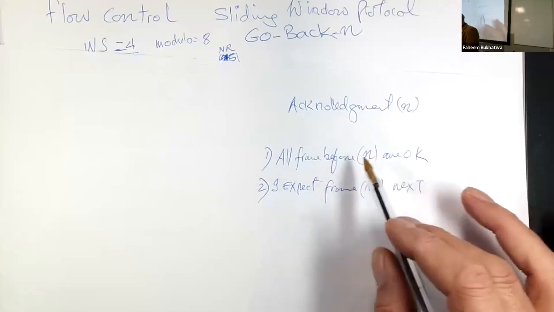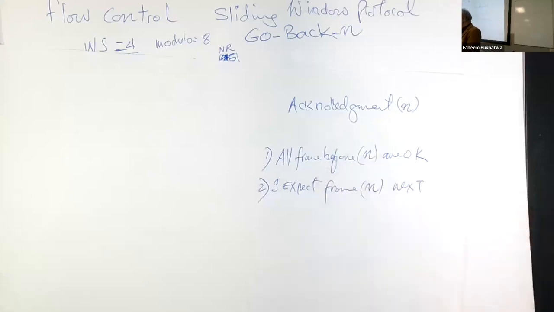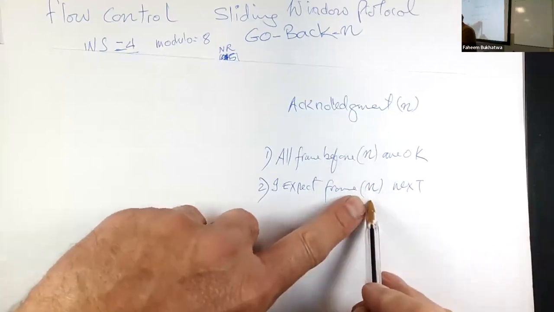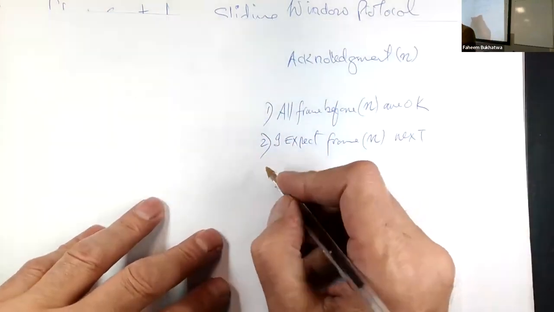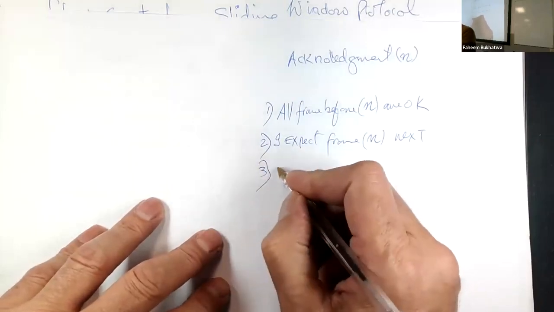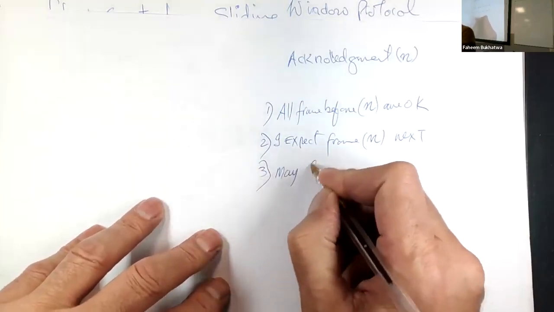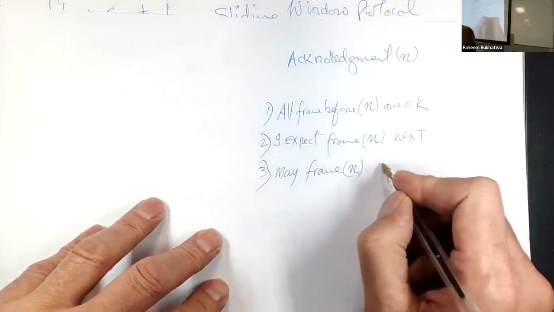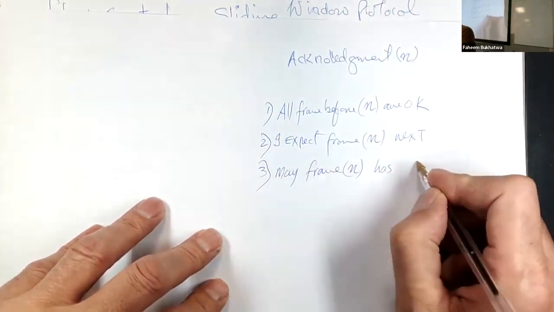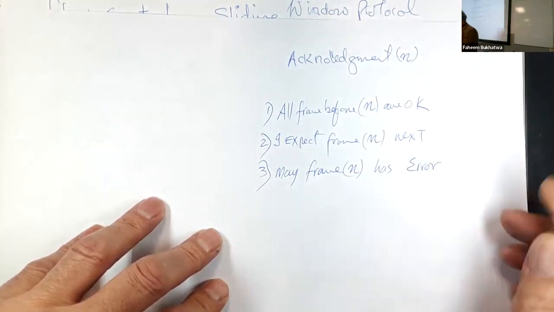It means number 4 is okay, everything before 5 is okay. But hey, we need number 5. And it could also mean maybe frame 5 has an error.